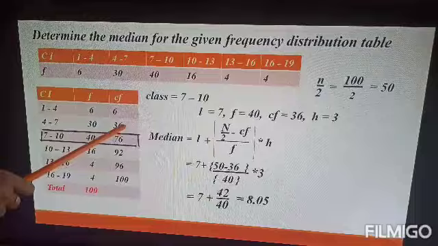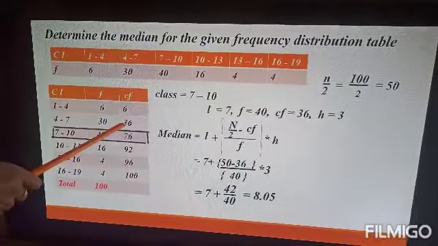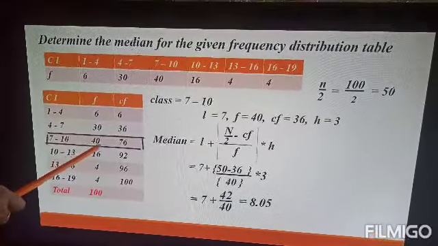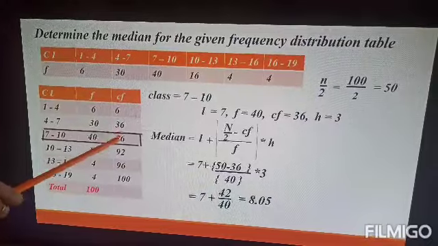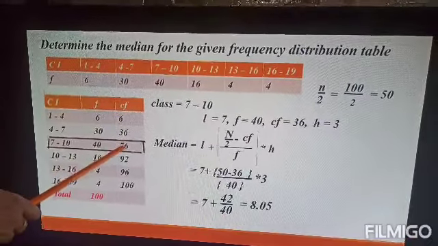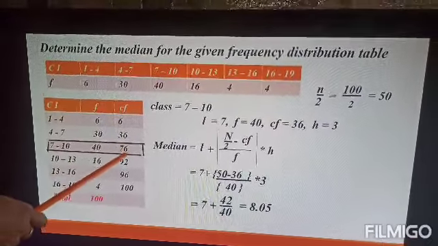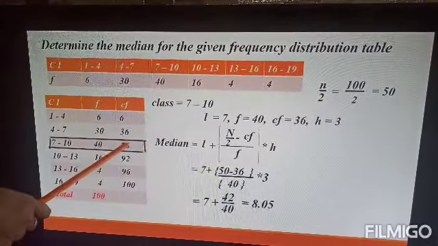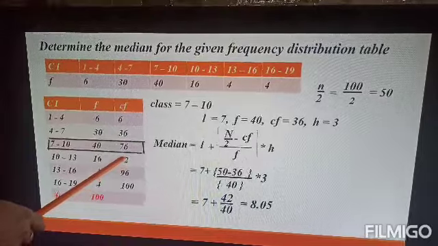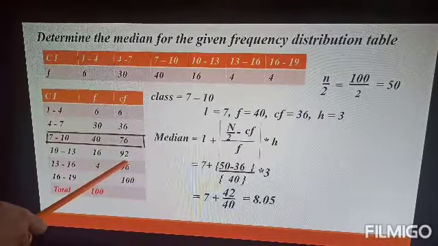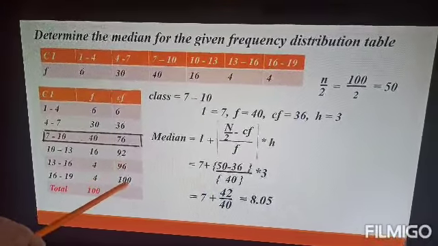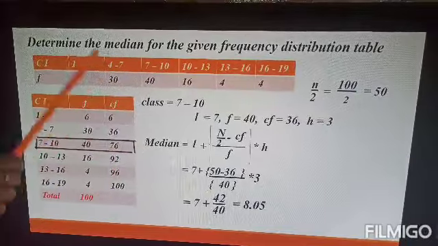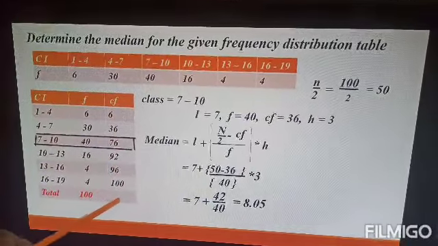Then for this you have to add the next one. 36 plus 40 will be equal to 76. To 76 we have to add 16. 76 plus 16, 92. 92 plus 4, 96. 96 plus 4, 100. Like this we have to find the cumulative frequency column.